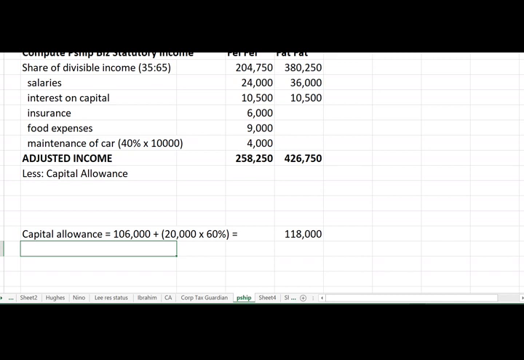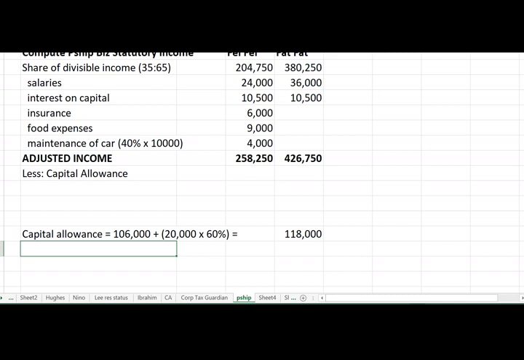Any idea why we take 20 times 60%? This 20 is for what? For the car, right? 20 is for the car, and then the 60% is the business usage. So we only let you claim the business usage. So that's why it's 20 times 60%.